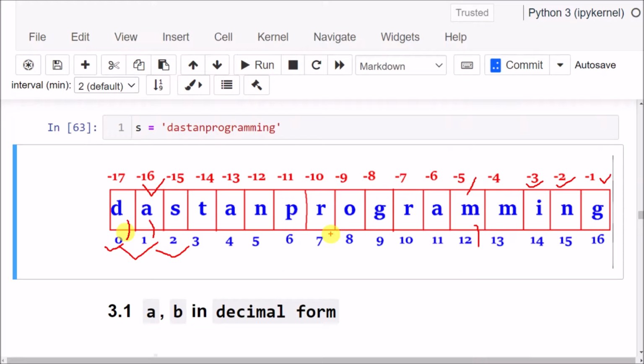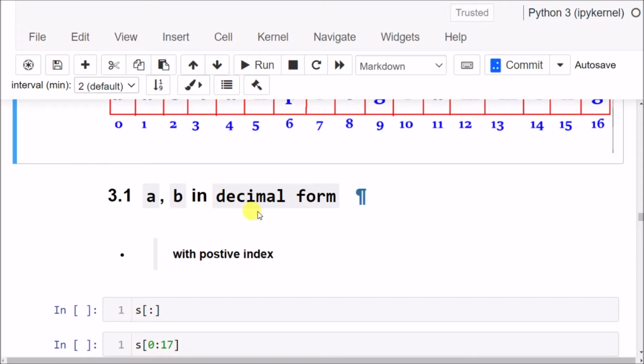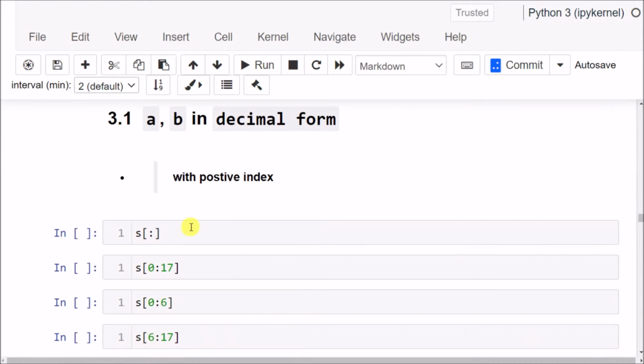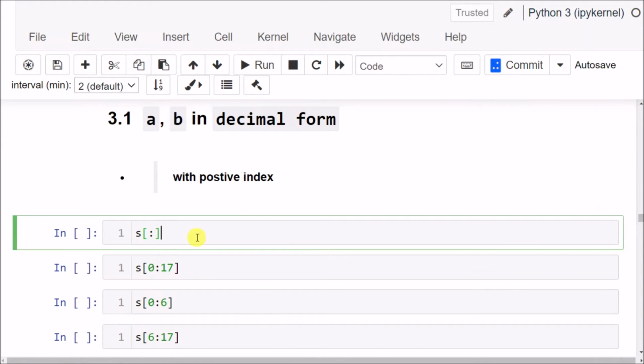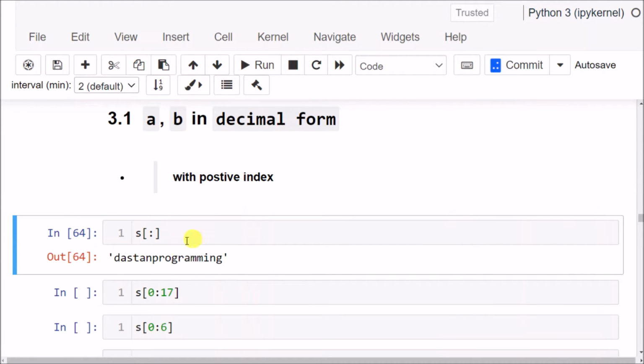Now we'll discuss A and B in the decimal form, with positive index. First, we can give A and B as optional, meaning we can leave them empty also. In this case, it will print all the values of the S variable, that is Dastan programming.